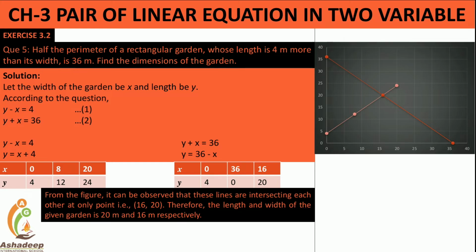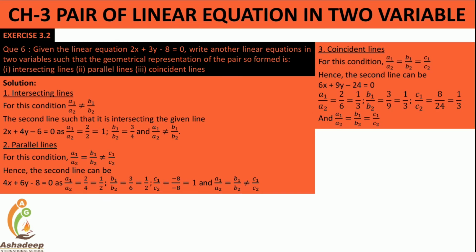Okay, so now let's move ahead with another sum, and that is: given linear equation 2x plus 3y minus 8 is equal to 0. Write another linear equation in two variables such that the geometrical representation of the pair so formed is intersecting lines, parallel lines and coincident lines.